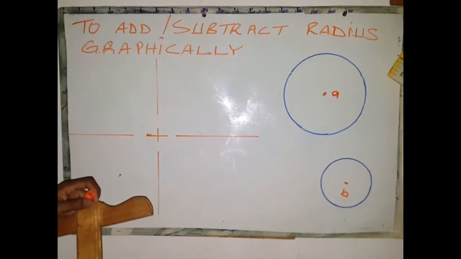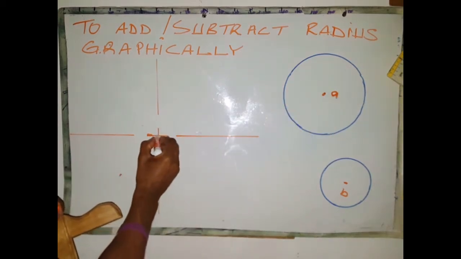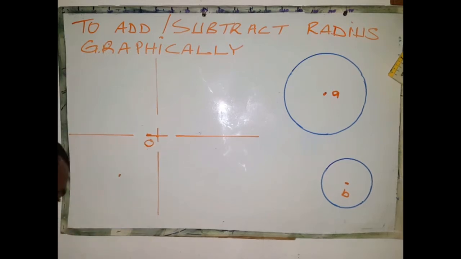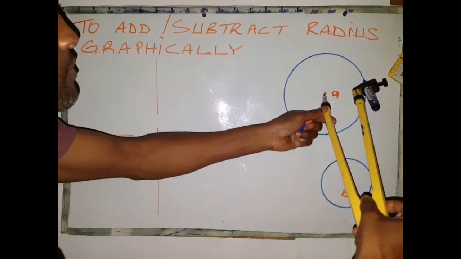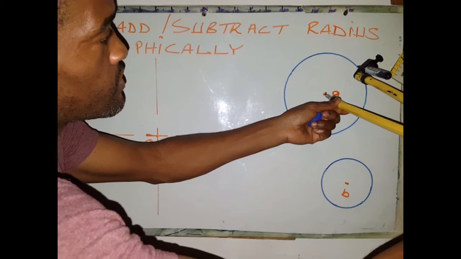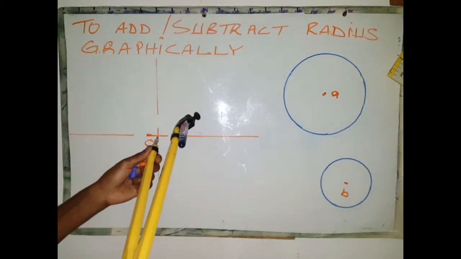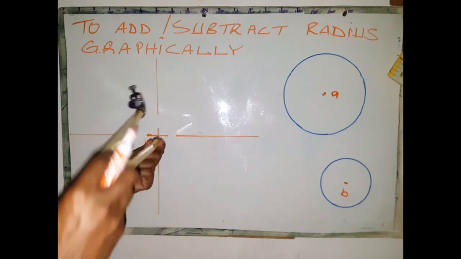The next step is to transfer this circle to this center. To do that, I place my compass at the center A, extend it to the circumference. Do the same thing here using O as center.